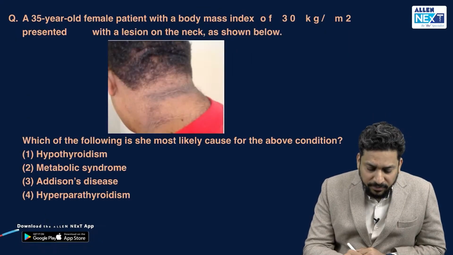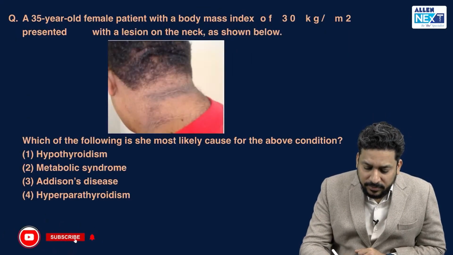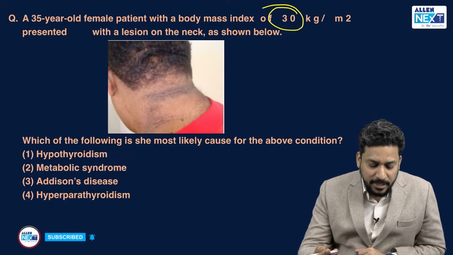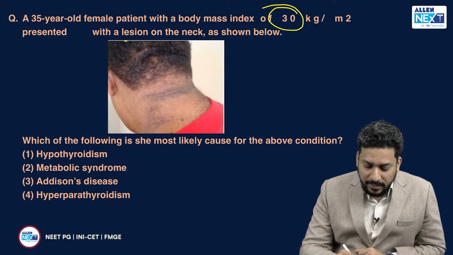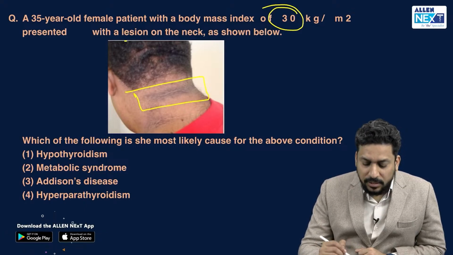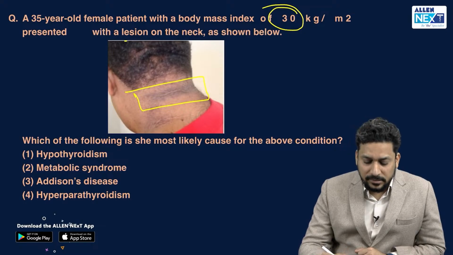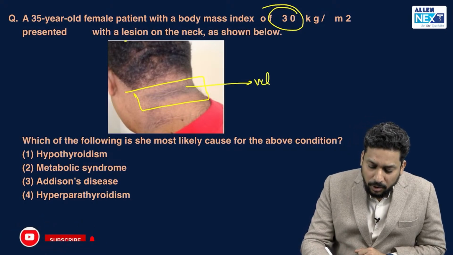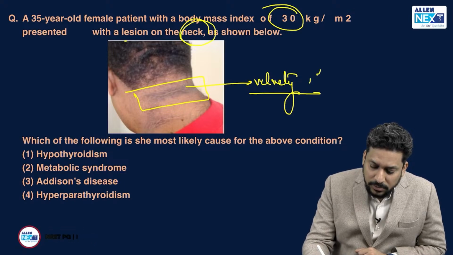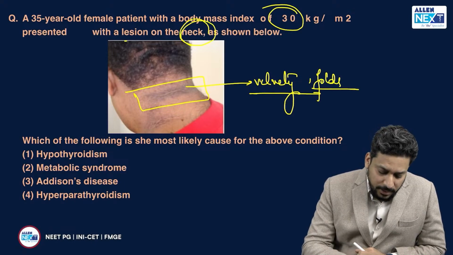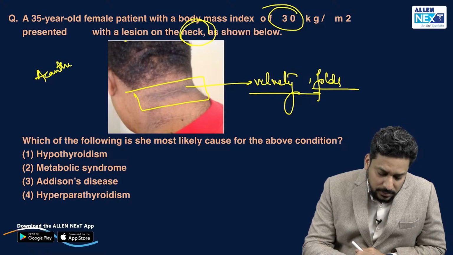A 35-year-old female presented with body mass index of 30. So the patient is obese, weight gain is there, presented with a lesion on the neck. And in an obese individual, if the patient is developing such type of hyperpigmentation or velvety skin over the neck, that is neck folds, then it is suggestive of acanthosis nigricans.